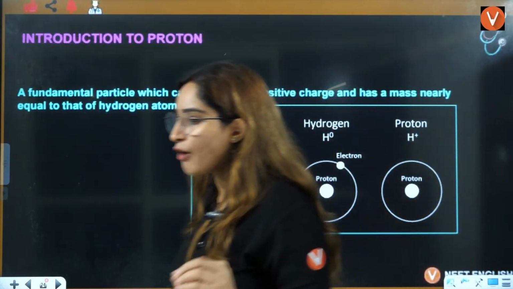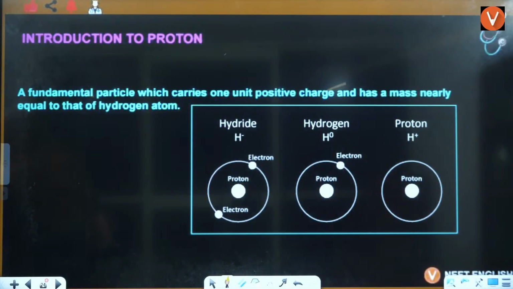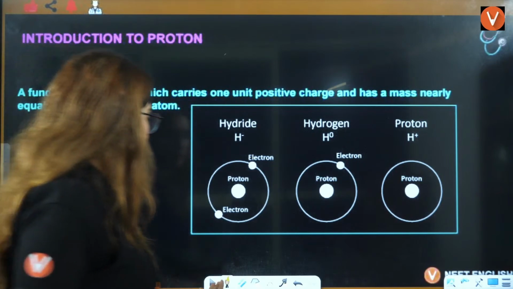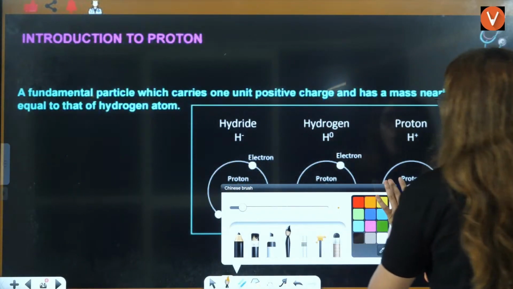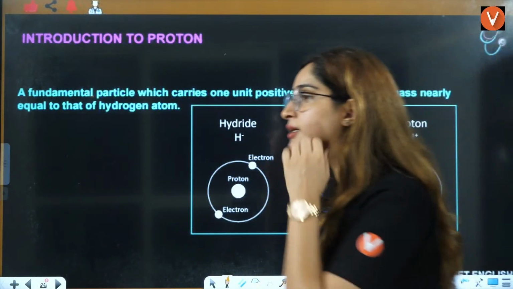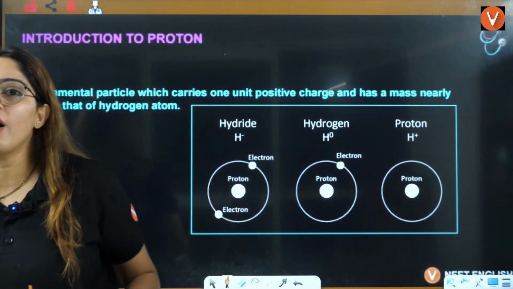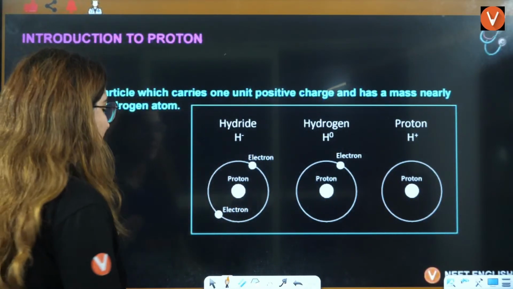Now let's talk about proton. For proton, what we need to understand here, that's why I was telling you the examples.